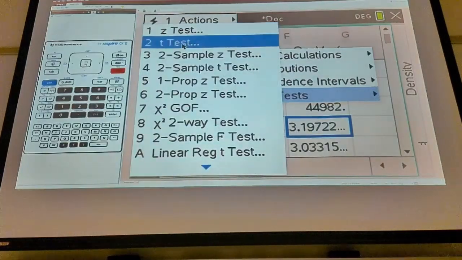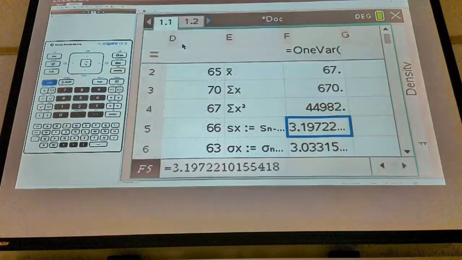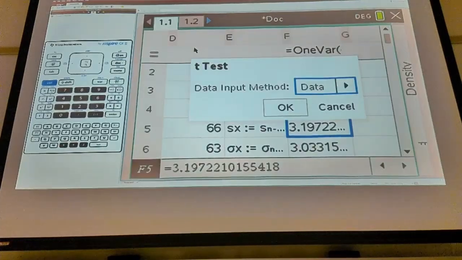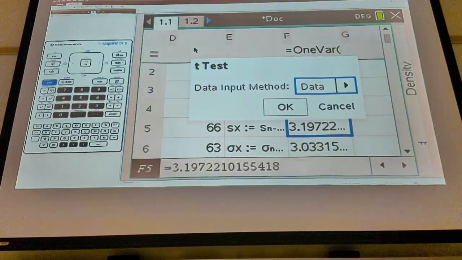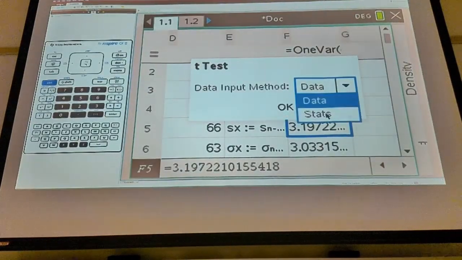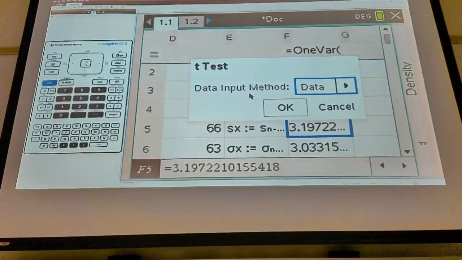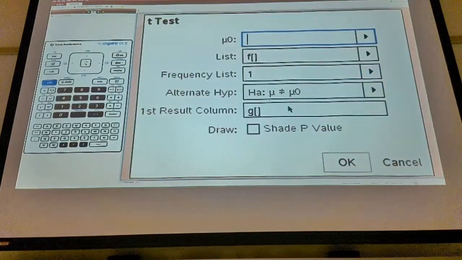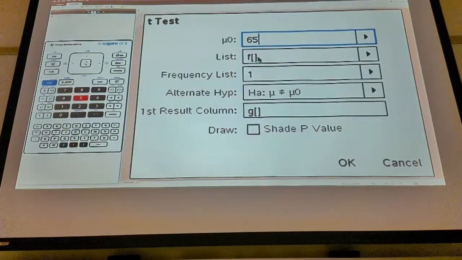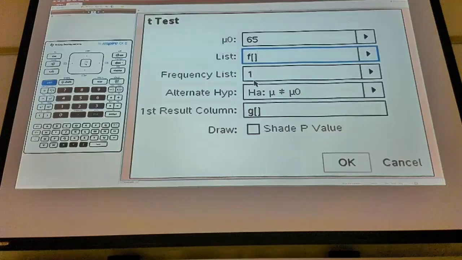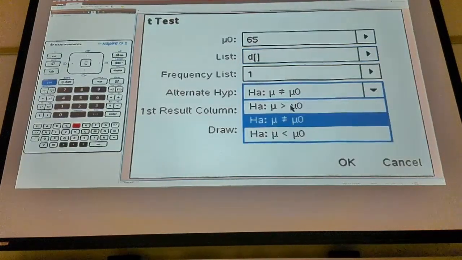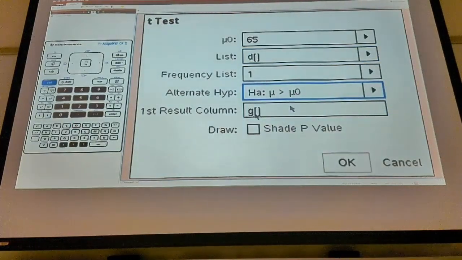This time we want the t-test. Again you have 2 methods, data or statistics. I already have the data, so I'm just going to use data. Mu naught is 65, my list was D, and it was greater. Show results in G, and I'm not going to do the shade t value this time.